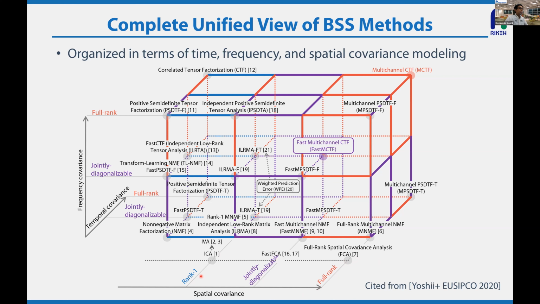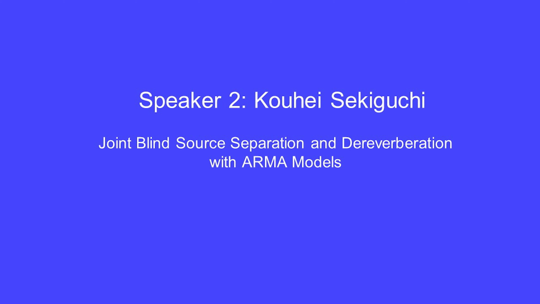Or you can restrict each covariance matrix to a rank 1 matrix, as ILRMA does. As an intermediate constraint, you can incorporate a joint diagonalization constraint. By combining these strategies, you can freely design your own model by tuning the degree of freedom of the probabilistic model used for multi-channel BSS.